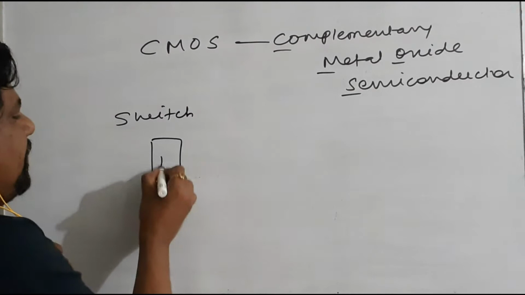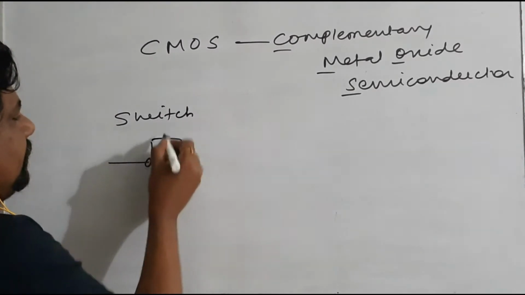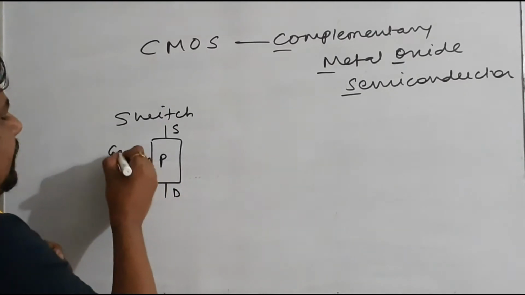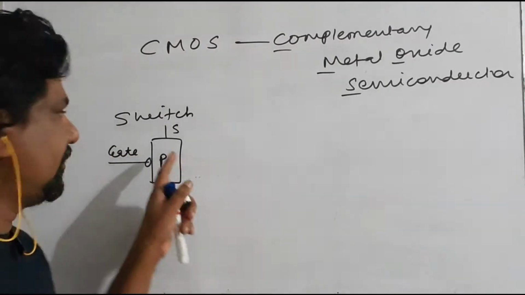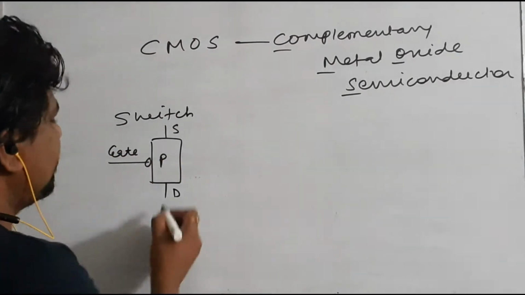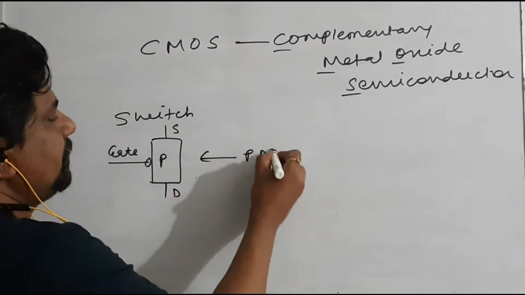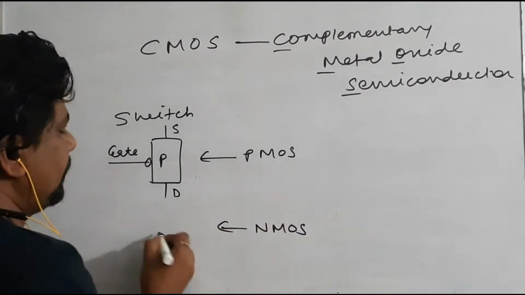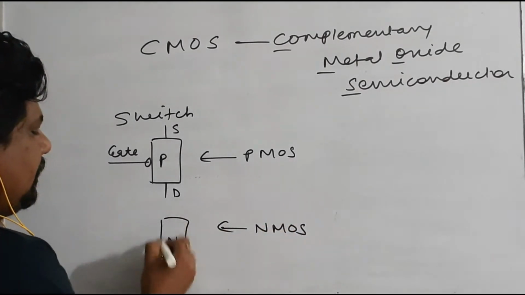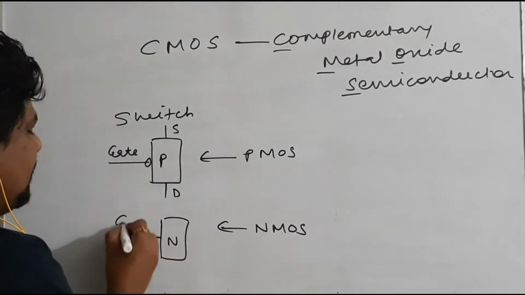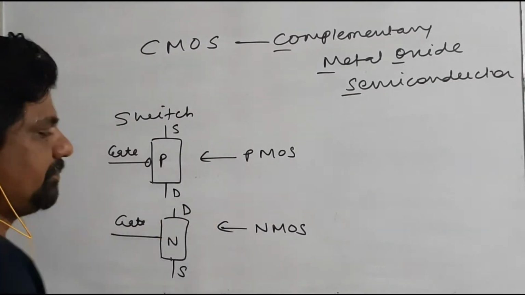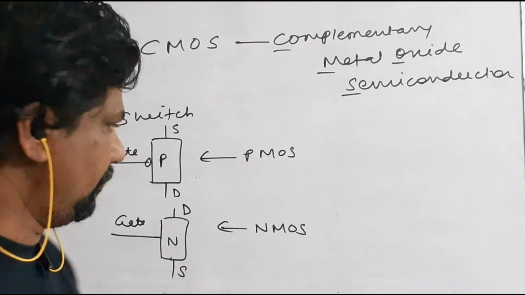That is PMOS is there, source, drain, gate. Internal structure of this we'll discuss afterwards. This is PMOS. Then NMOS is there. This is gate, source, drain.